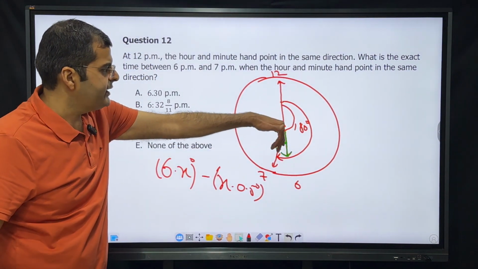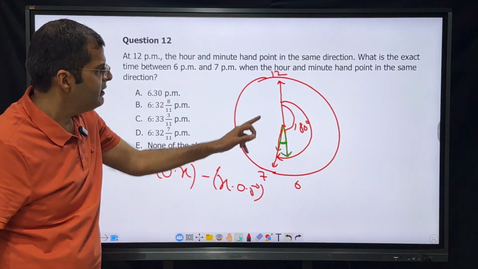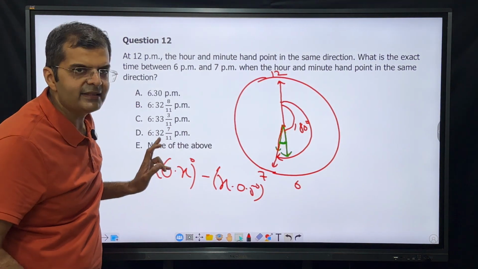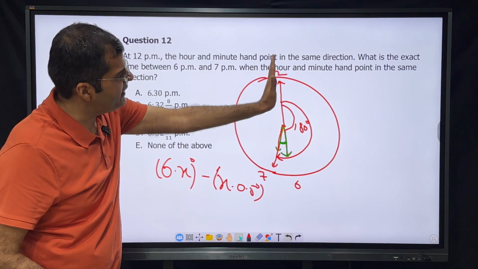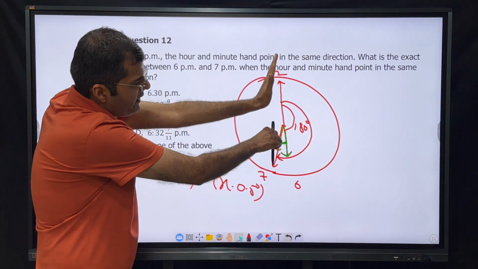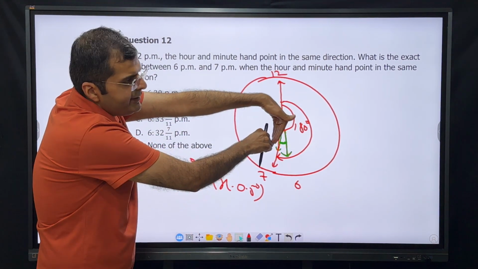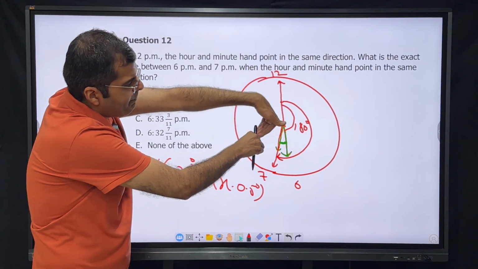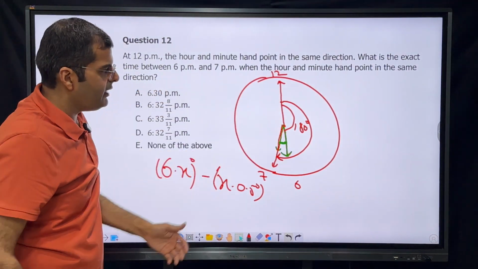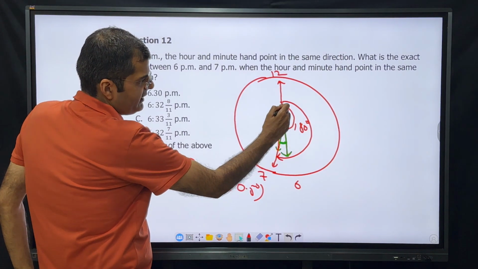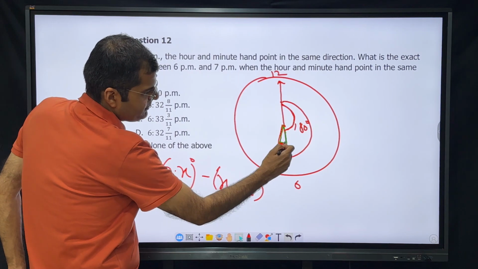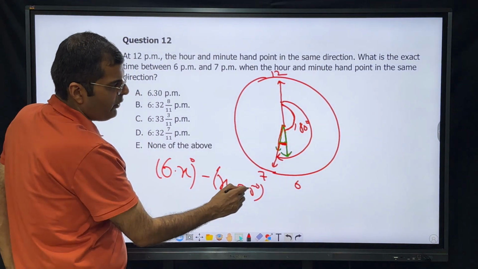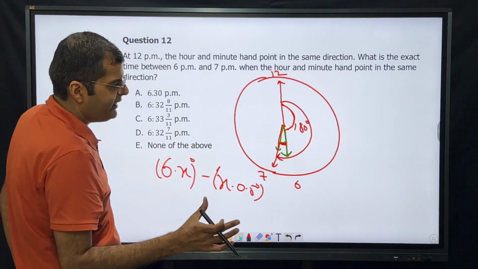So the 180 degrees is gained by the minute hand in x minutes for them to overlap, because it was 180 degrees here and the hour hand has moved slightly. So the minute hand has moved 180 degrees plus that slight amount. Also, geometrically, this is 180 degrees and this part is x into 0.5 degrees, which is the movement of the hour hand.